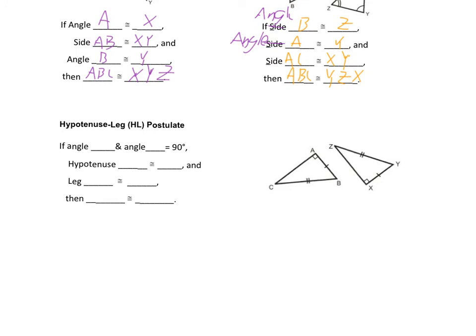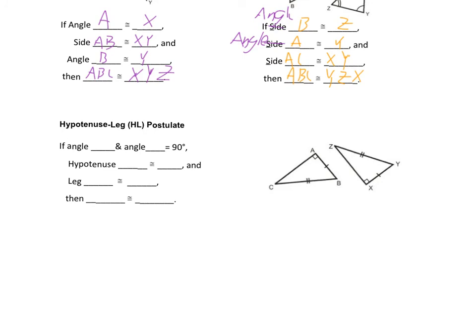If angle B is congruent to angle Z, and if angle A is congruent to angle Y, and side AC is congruent to side XY, then triangle ABC is congruent to triangle YZX. Remembering, folks, the order of these letters matters as they correspond to the corresponding angles.